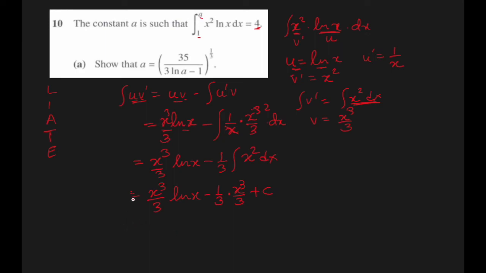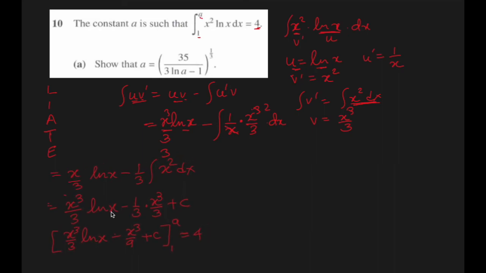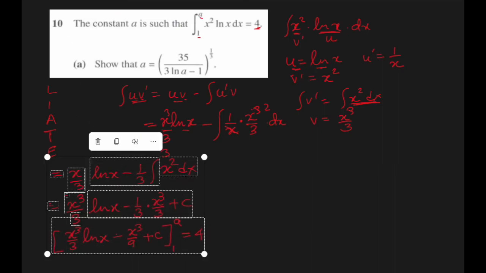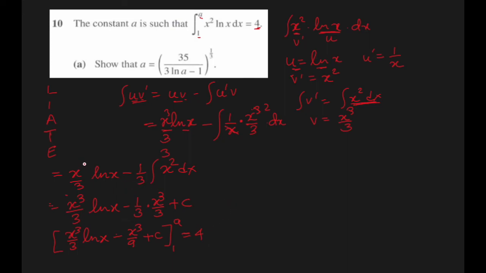So finally we get, let me put the limits now, x cube over 3 ln x, rather minus x cube over 9 plus c, and limits were 1 to a, and this was equal to 4. Okay, so we can now substitute the values a and 1. So it was x cube, this 3 left here.